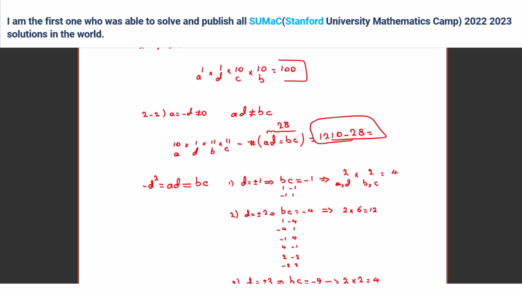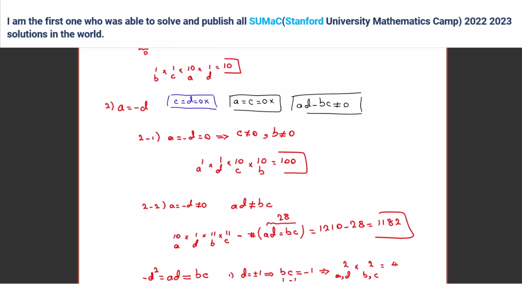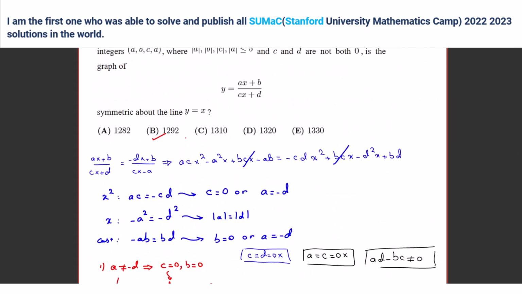So 1182 plus 100, plus 10, and the answer is this, right?